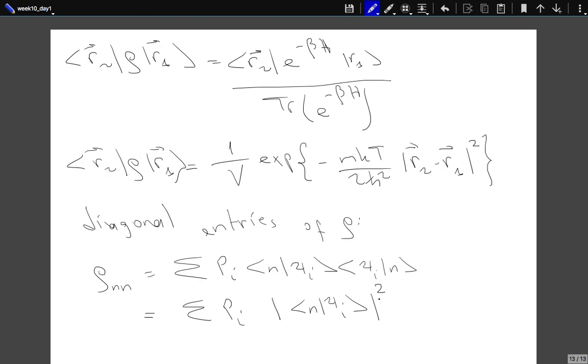You see that the absolute value squared of n psi_i is nothing but the probability that a system in the state psi_i can be observed in the state n. So we have the quantum mechanical probabilities averaged over the ensemble. That is nothing but the ensemble probability of observing the state n. Well, let's just apply rho and n in a sense.